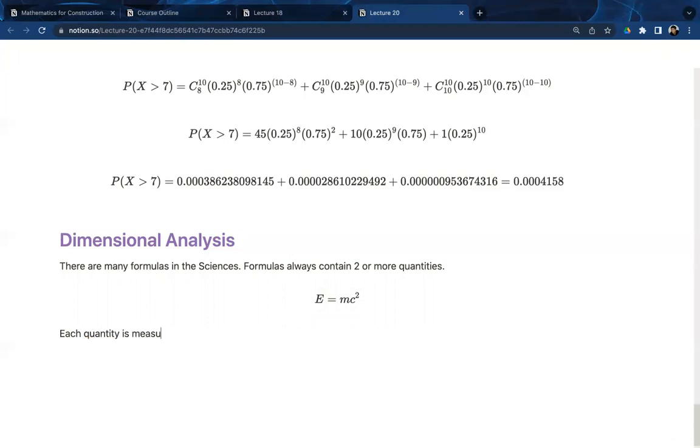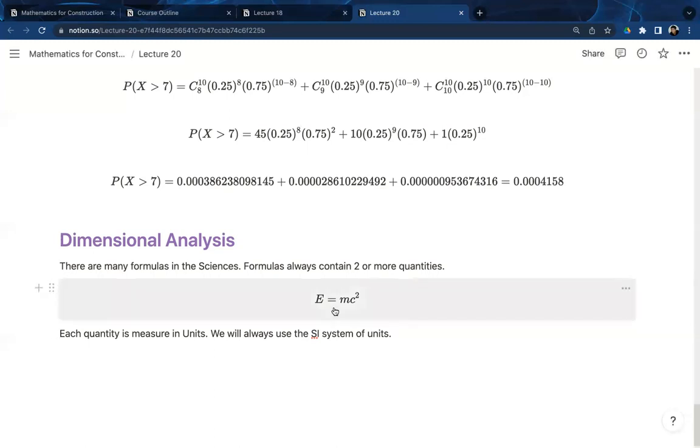is measured in units. We will always use the SI system of units, right?